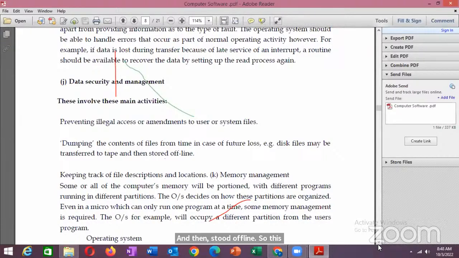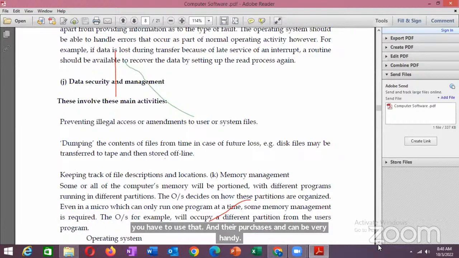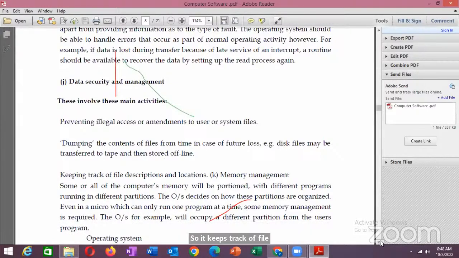The operating system can also be very handy in preventing illegal access, because it can allow logins and keep logs of those who are logging in. So it keeps track of file descriptions and locations.